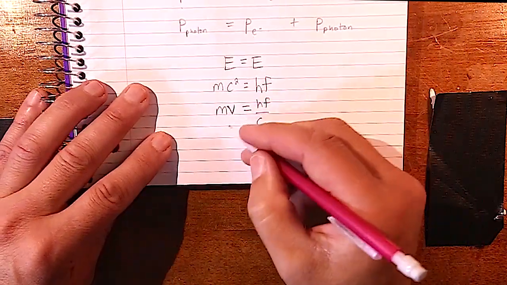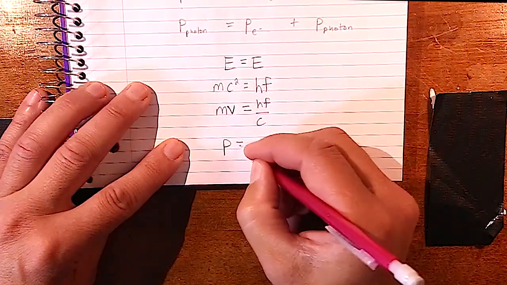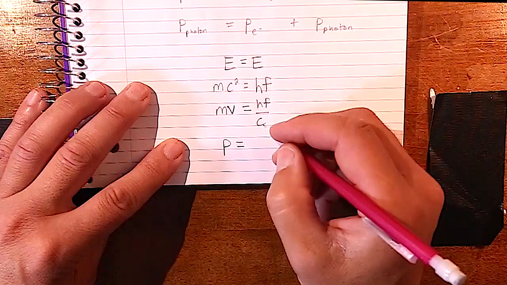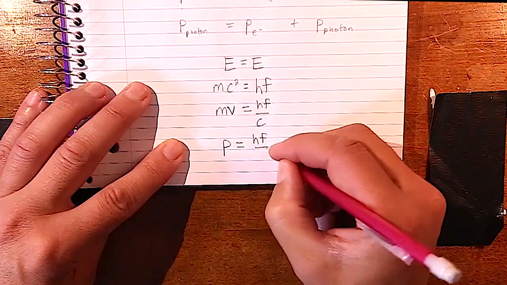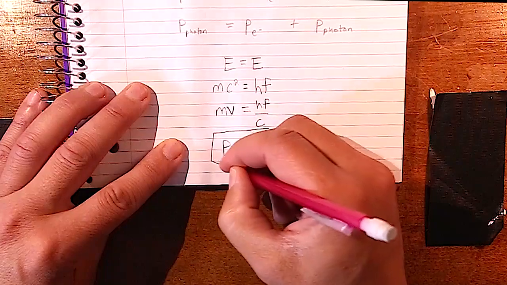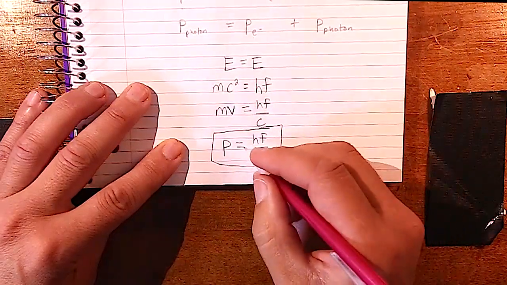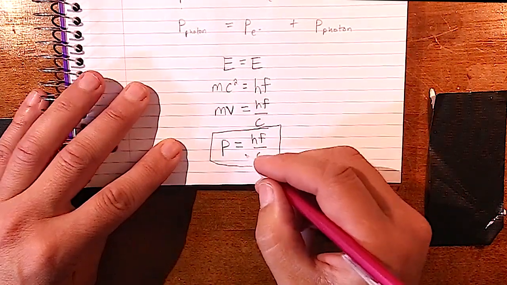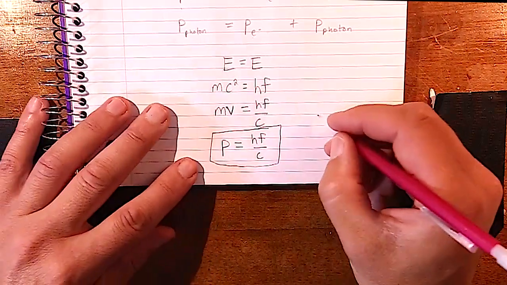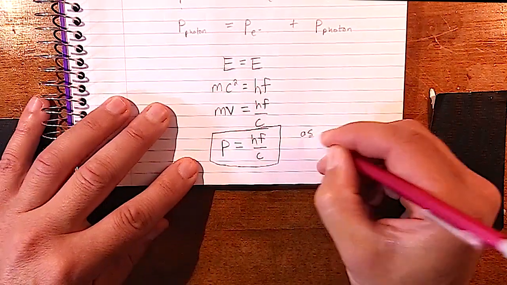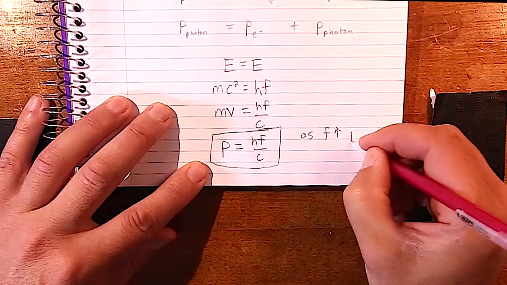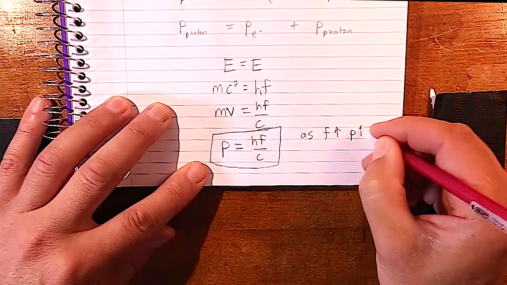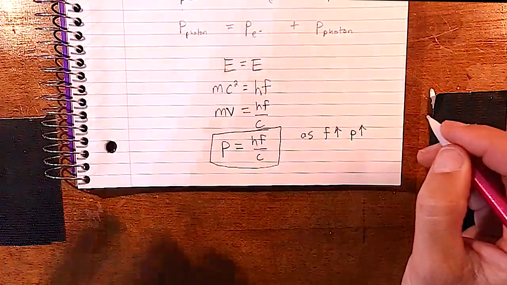And we know that mv is momentum. So now we have a formula for the momentum of a photon. So what are photons acting like? Well, these little wave packets are acting as particles, and that's important. We'll see in a minute. And so what we're saying is as frequency goes up, then the momentum of this photon also goes up.